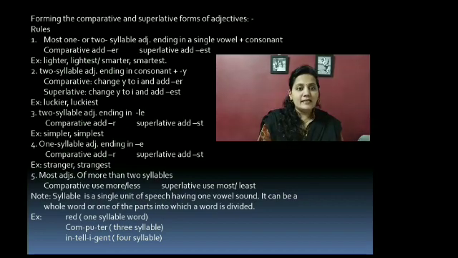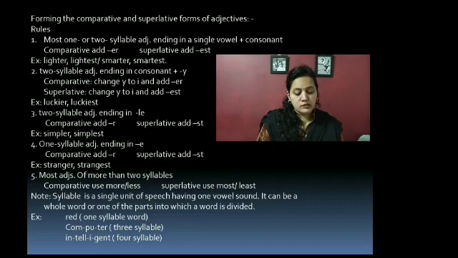Then next one is intelligent, in-tel-li-gent. So here we have four syllables, this is a four syllable word. Then let us see the rules of forming comparative and superlative forms of adjectives.